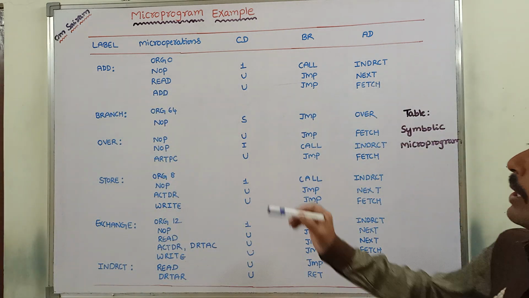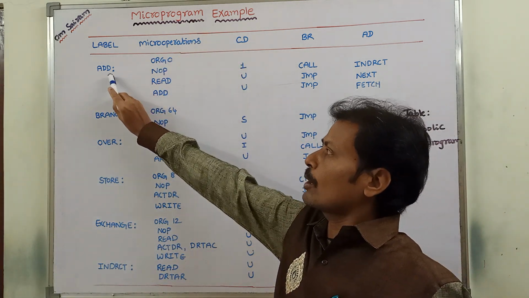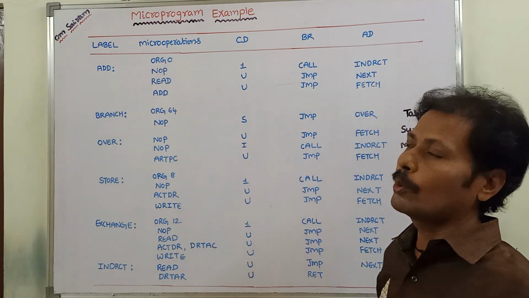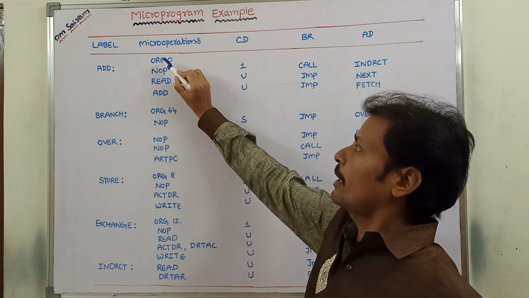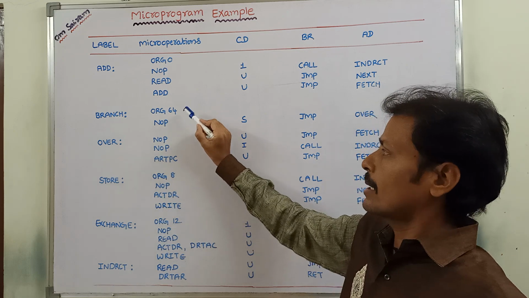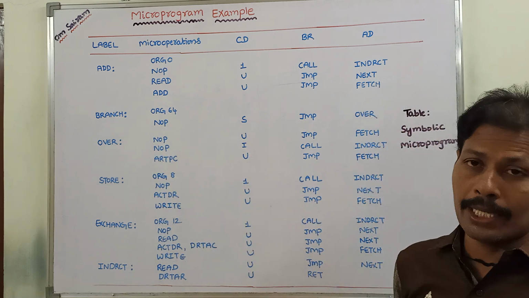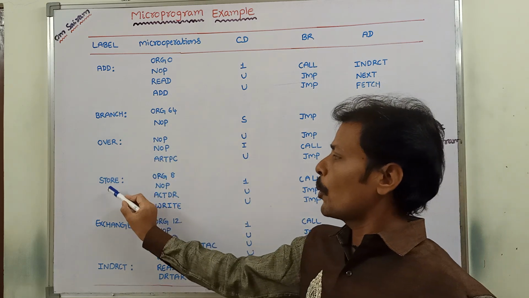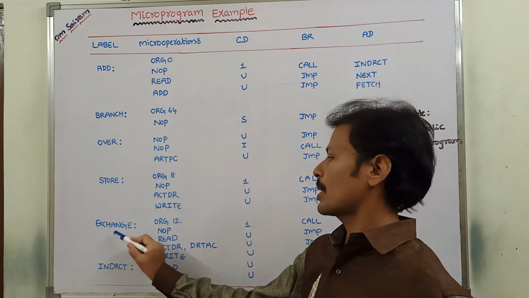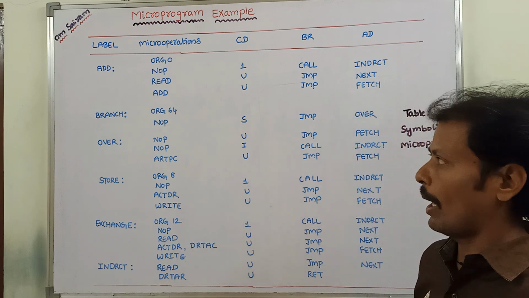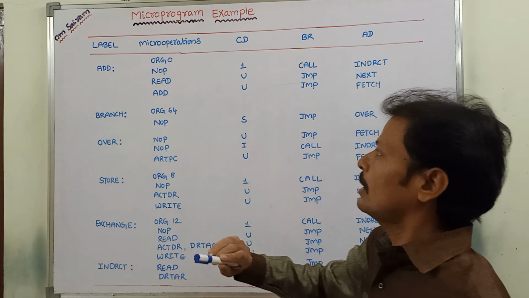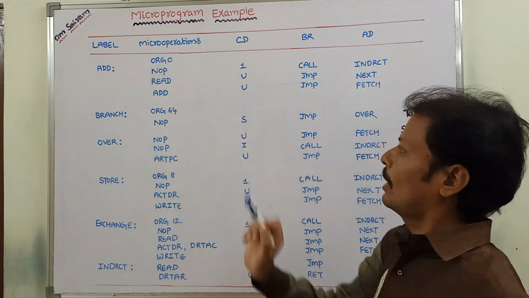Here the add microinstruction starts with ORG 0, so it originates at address 0. The branch instruction starts at address 64, store instructions start at address 8, and exchange instructions start at address 12. Now considering the add micro instruction, it starts with address 0.